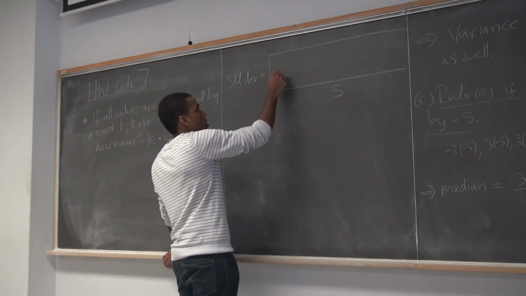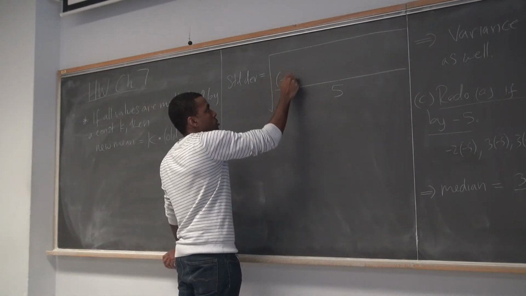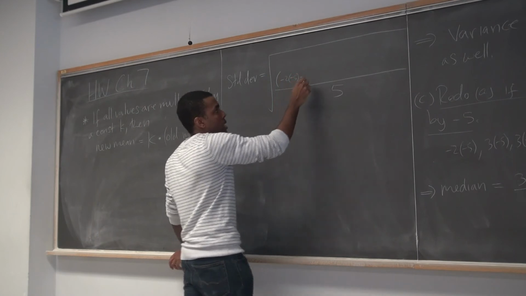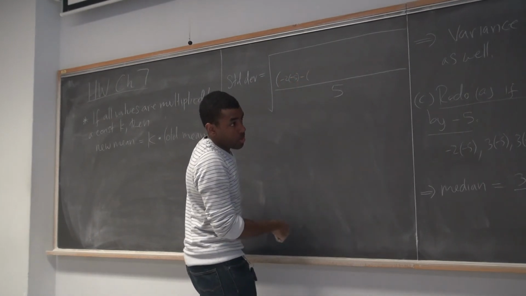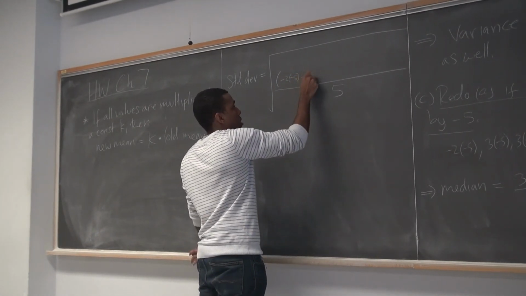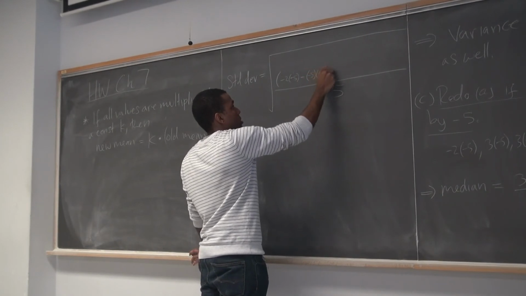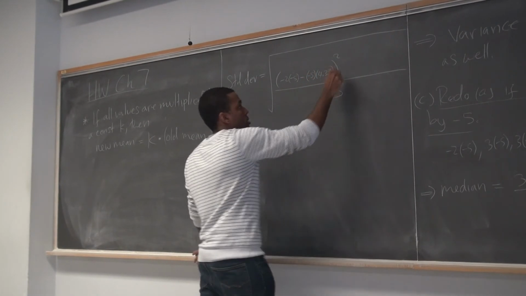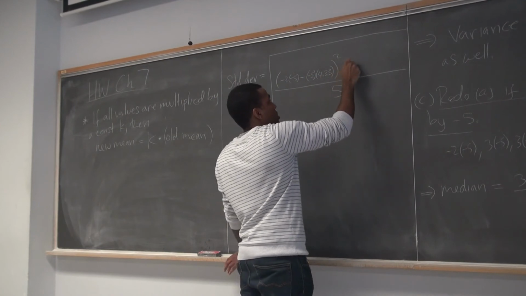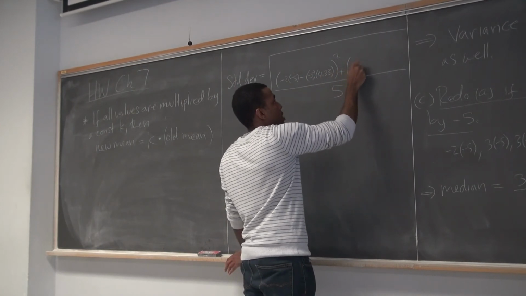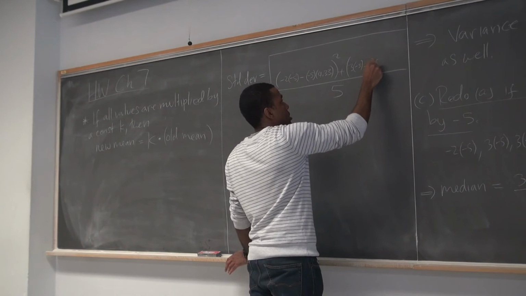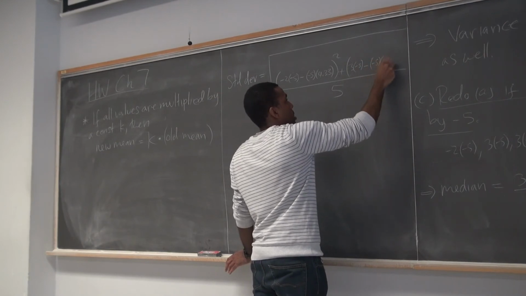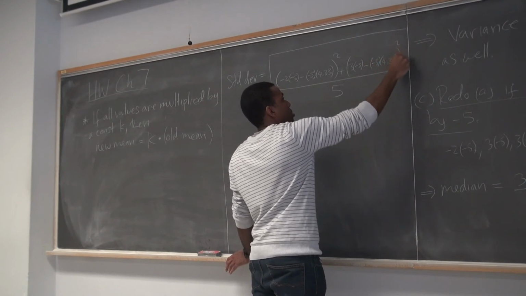What's going to happen here? Well, the first value was multiplied by minus 5, but now we subtract the mean, which is also multiplied by minus 5. Similarly, the next value multiplied by minus 5, minus the mean multiplied by minus 5, plus dot, dot, dot.